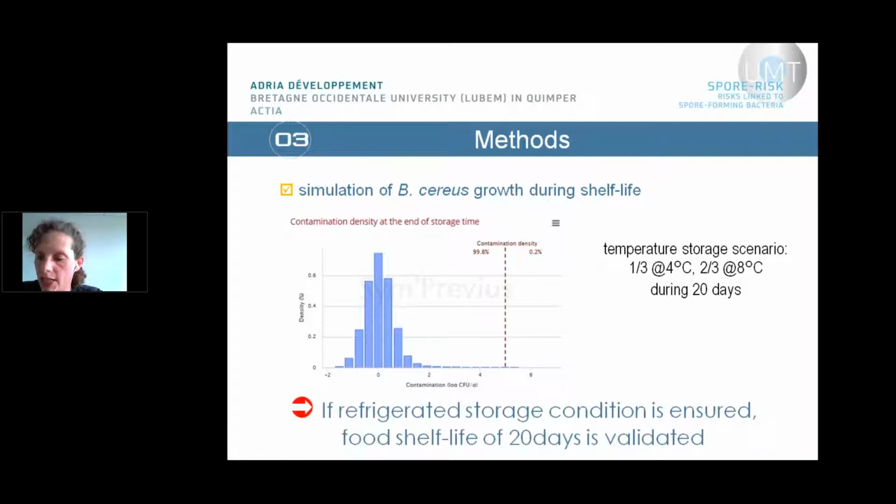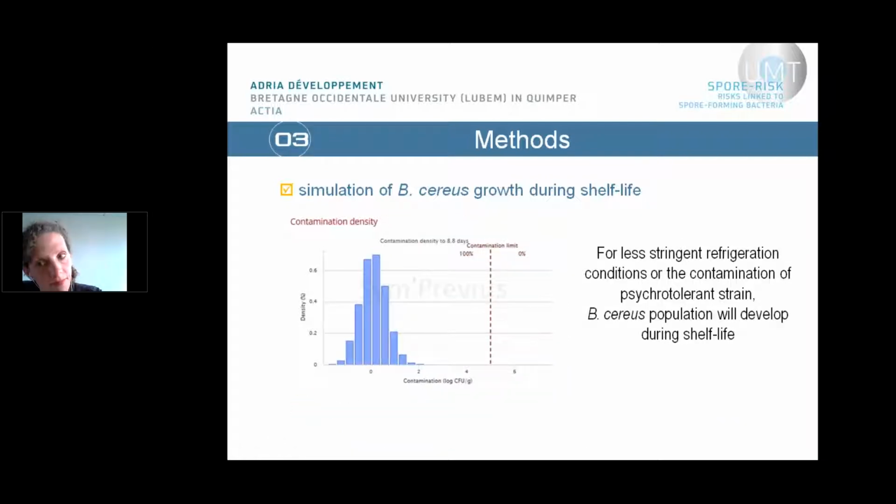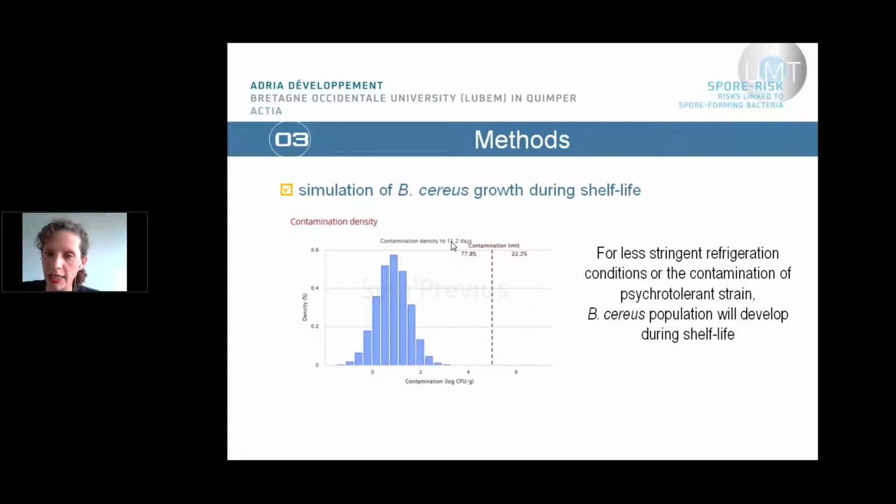But if I am using less stringent refrigerator conditions, or if I have a psychrotolerant strain in the rice pudding, then the scenario might be completely different. So you have here the population distribution that is evolving after several days of storage.